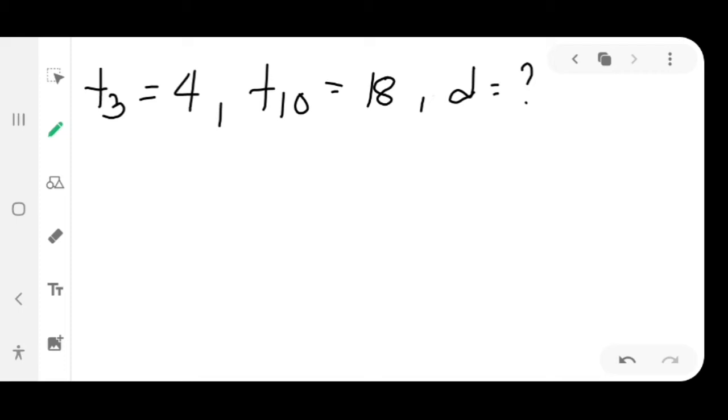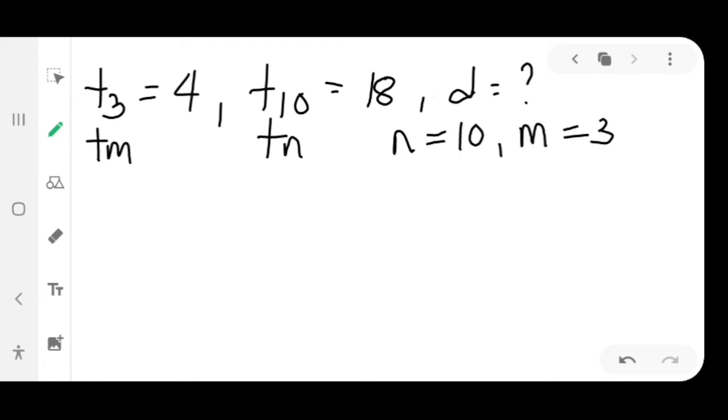Now, we need to identify first what is the upper extreme and the lower extreme of our arithmetic sequence. So, t sub 3 here is the lower extreme. That means this is t sub m. T sub 10 is our upper extreme, or t sub n. So that means our n is equal to 10, m is equal to 3.